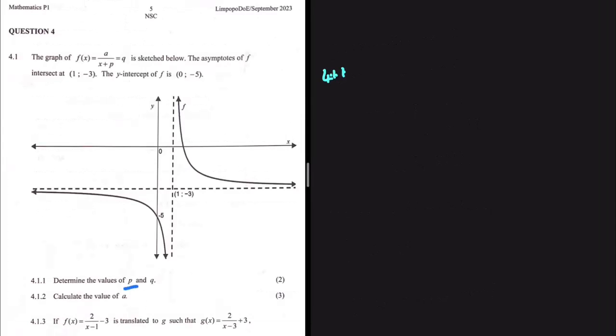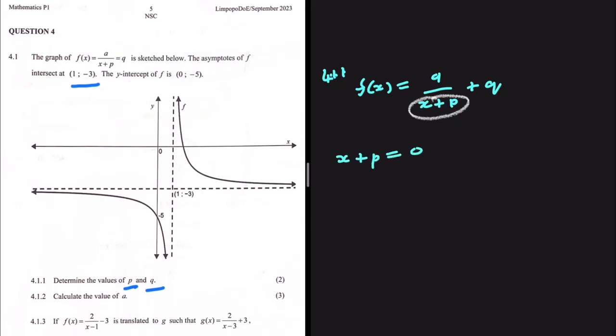Determine the values of p and q if the asymptotes intersect at x equals 1 and y equals minus 3. So we are given the equation of f of x. It is said to be equal to a divided by x plus p, plus q. In order to find the value of p, we let x plus p be equal to 0.